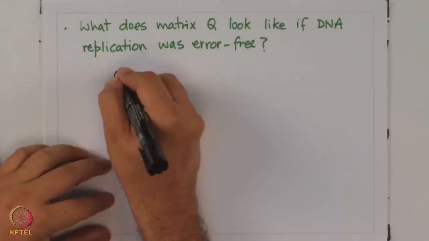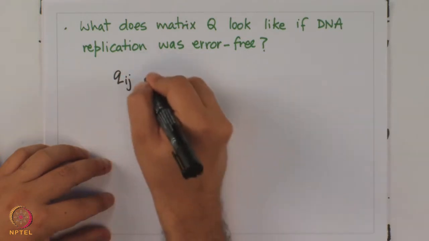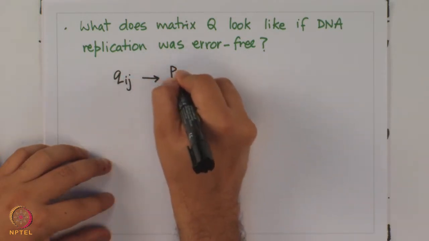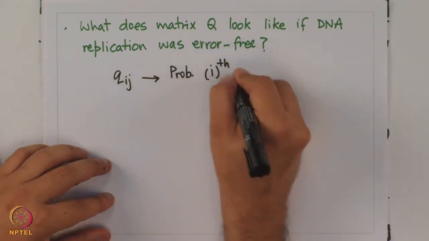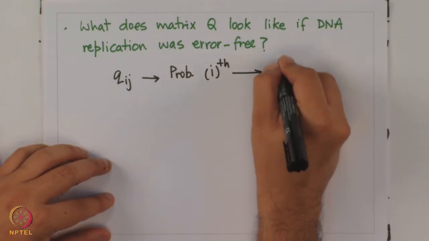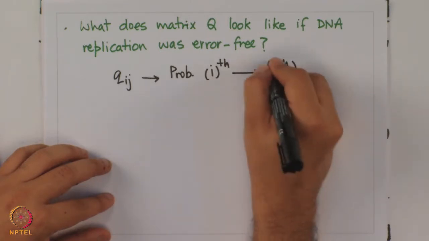So, if this was the case, then you have Qij as the probability that the ith genome upon replication gives me the progeny which belongs to the jth genome.